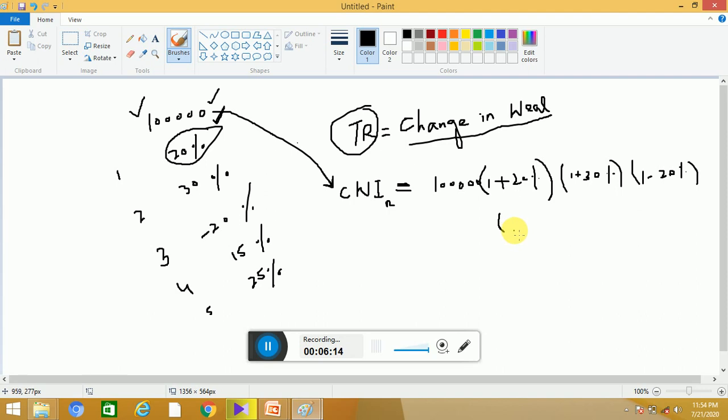Then 1 plus 15%. And then 1 plus 25%. When you calculate all these values, you will get the wealth index after 5 years, meaning how much this money becomes after 5 years.